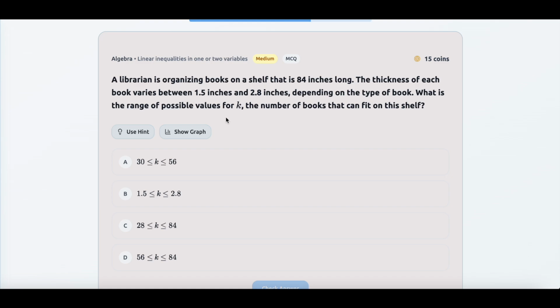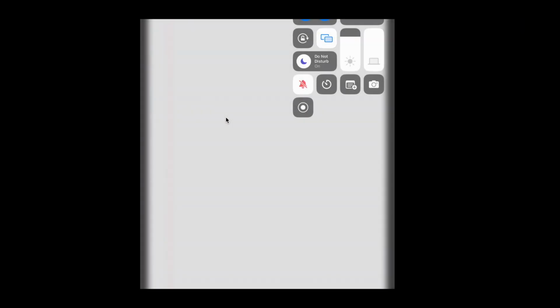So let's see if we can visualize this so that we don't get tripped up by this question. We can see that the shelf is 84 inches long. So this is a bookshelf, 84 inches, and you can fit books on this bookshelf, and so on.